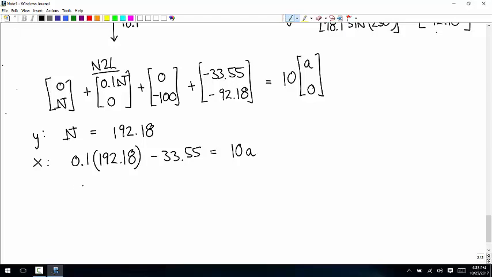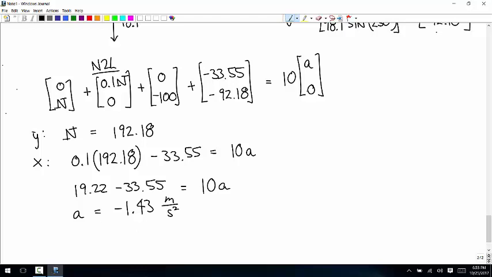So 19.22 minus 33.55 is equal to 10a. Can someone calculate a? Negative 1.43 meters per second squared.